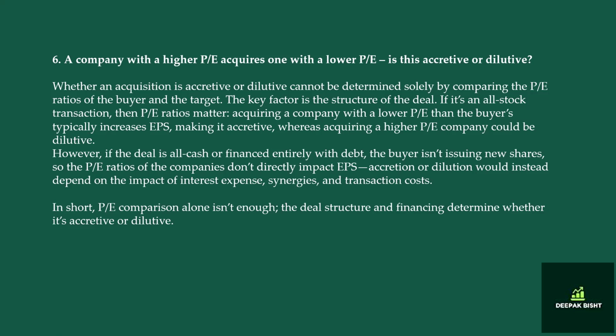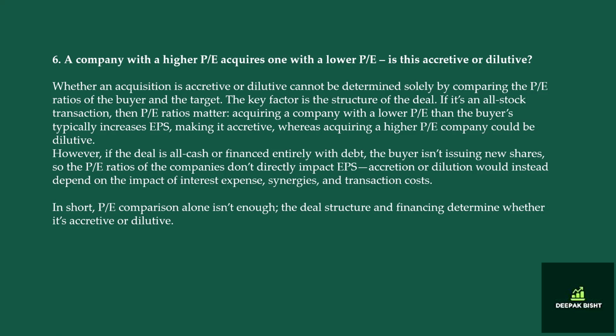And if you think about it in more detail, even in an all stock deal, synergies, one-time charges or share repurchases can affect EPS. Synergies, through cost savings or revenue enhancement, can make the deal accretive even if the target has a higher PE.